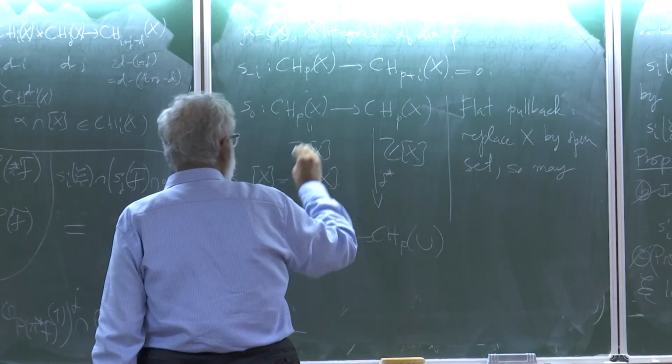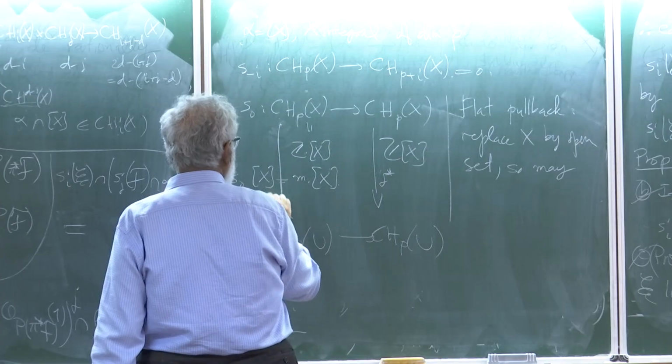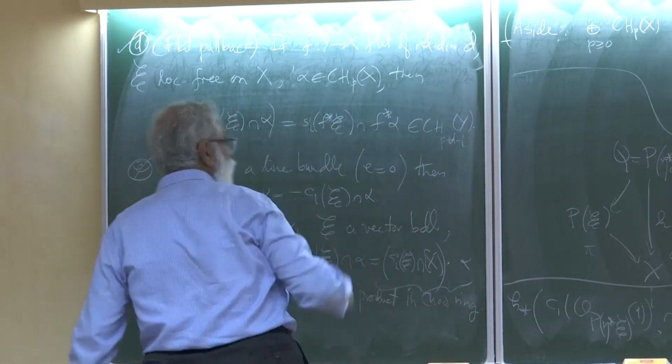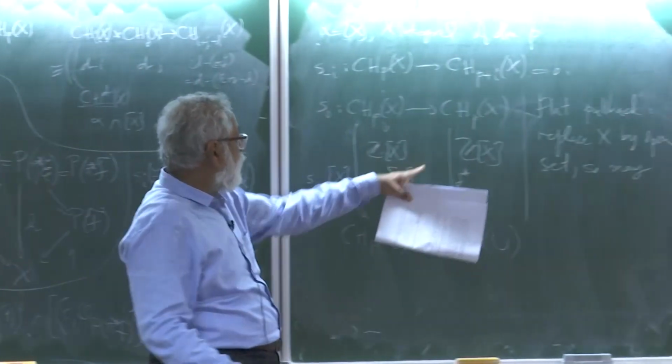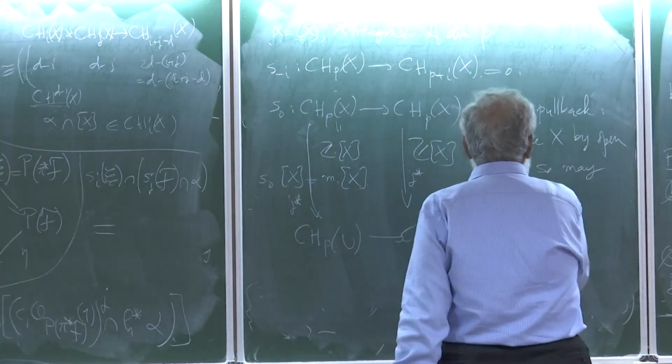If j is the inclusion of U in X, I'd have a j upper star here. And I know Segre classes are fine for flat pullback. This formula is true. So whatever this integer m is, I can capture it on any open set. So I can pass to an open set.